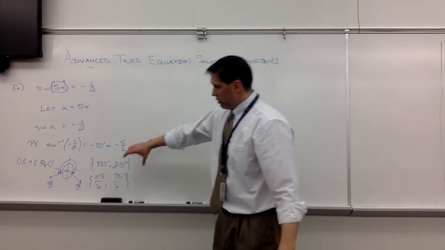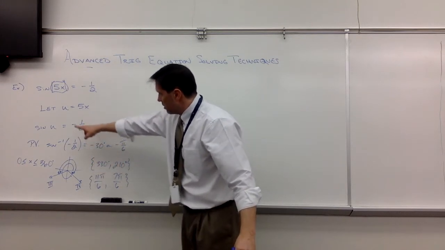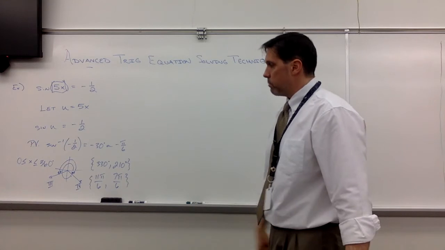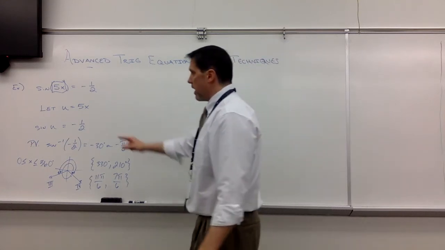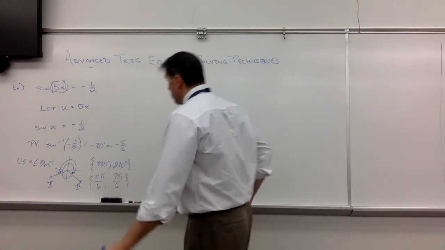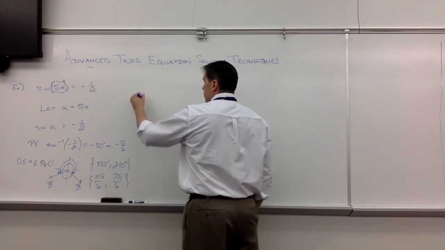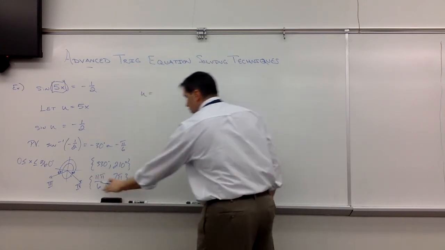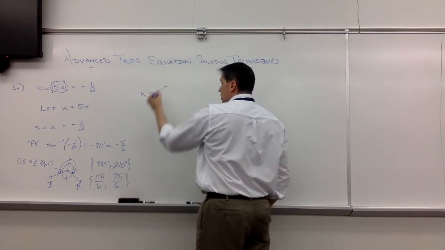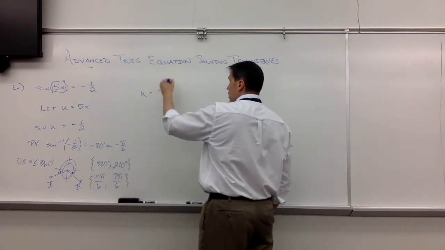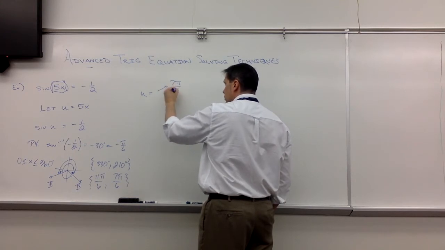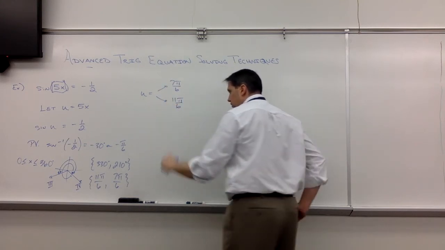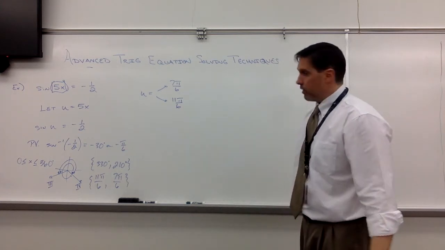Now, the solutions in terms of radians to this equation, yeah, it's 11 pi/6 or 7 pi/6. The problem is that's what u equals. So we're going to say u equals, let's just draw arrows. That might be easier. U is equal to 7 pi/6. We'll write that one first. Or 11 pi/6 if we talk about between 0 and 360.